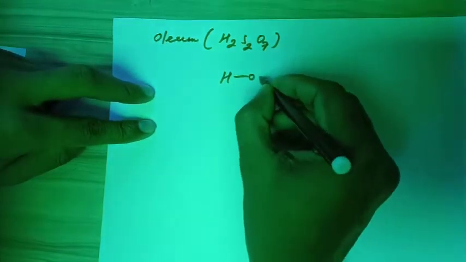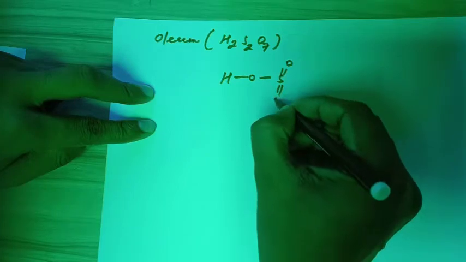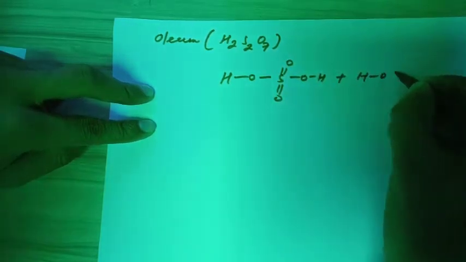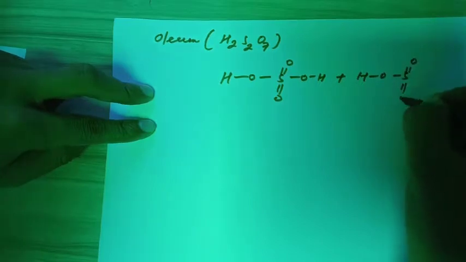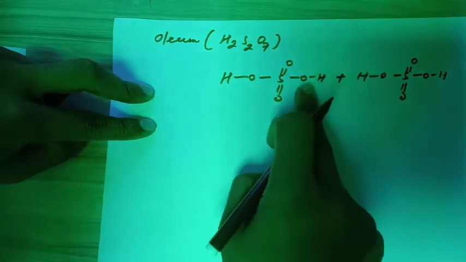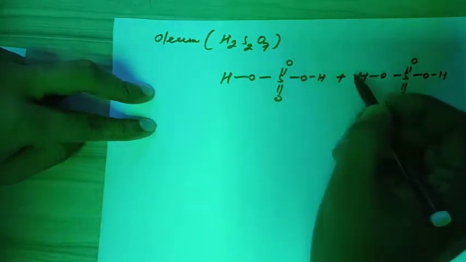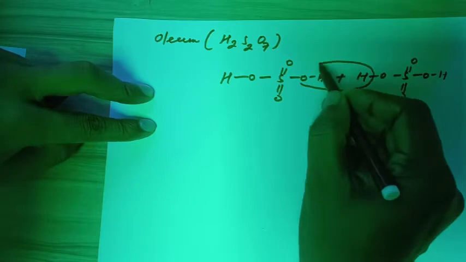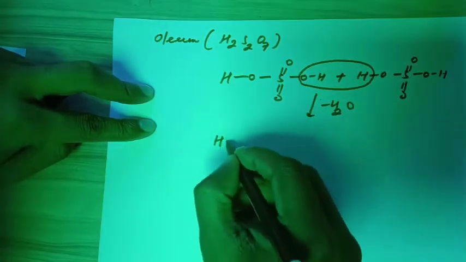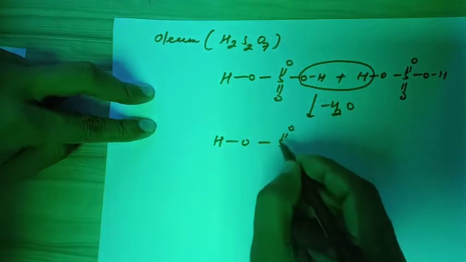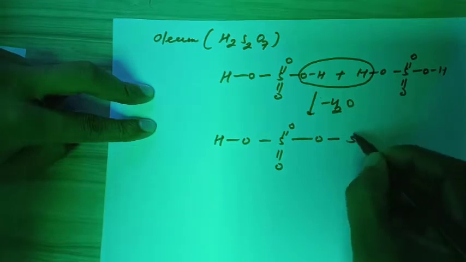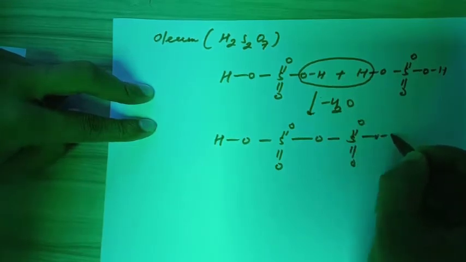Take it as HO, S double bond O, OH, plus HO, S double bond O, OH. Now take out H2O. Now when H2O is taken out, it will be HO, S double bond O, oxygen is left, so it will be oxygen, then S double bond O, OH.